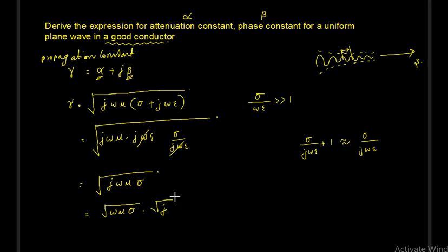So what is the square root of j? For that we need to use Euler's principle. We know that e power j theta is cos theta plus j sine theta.